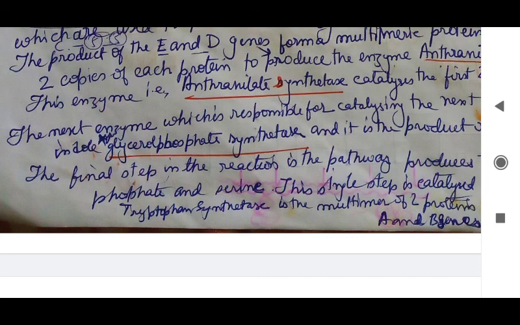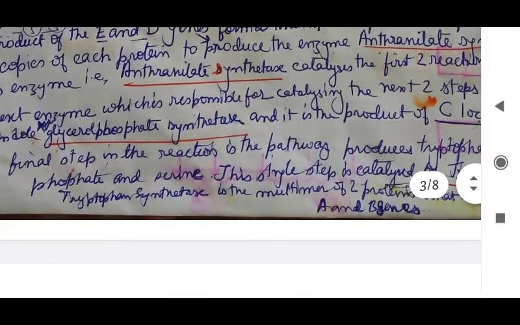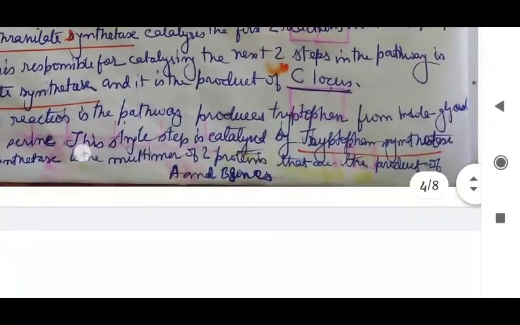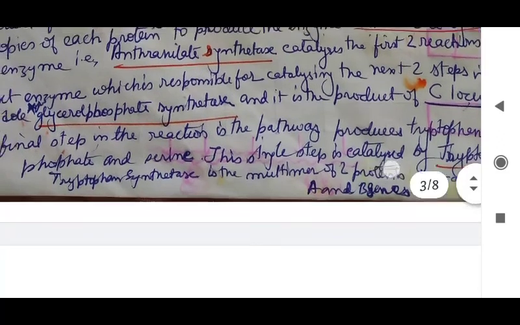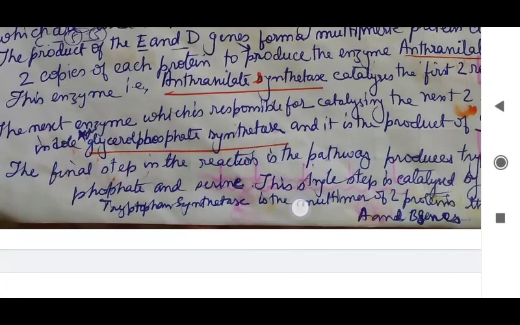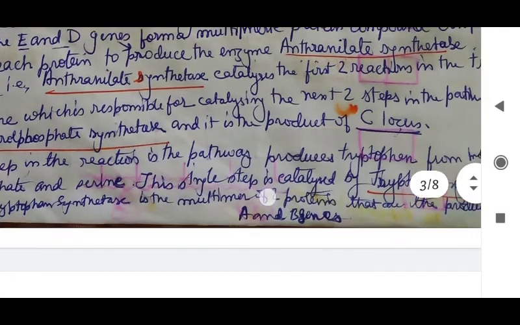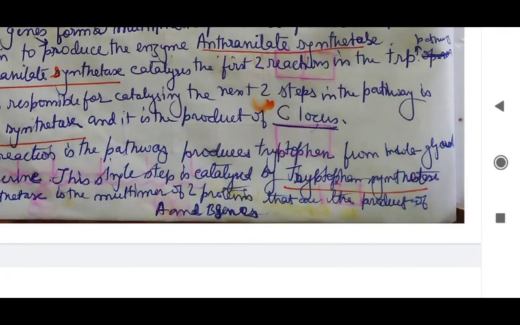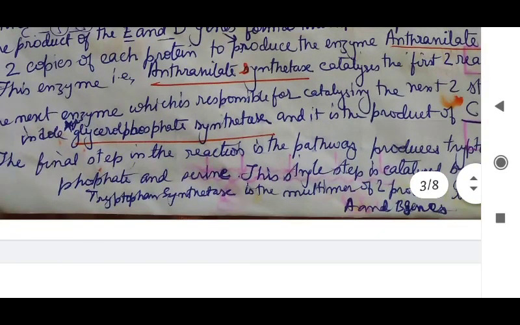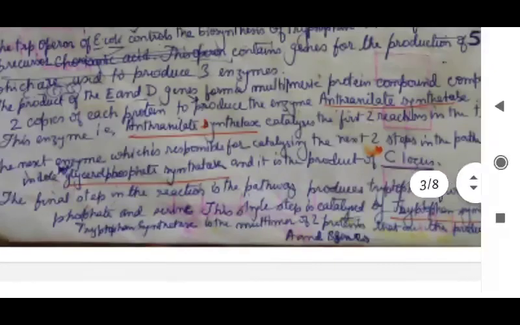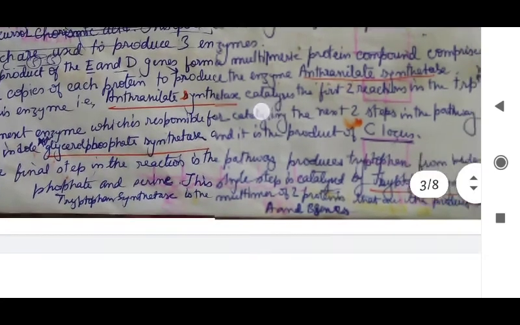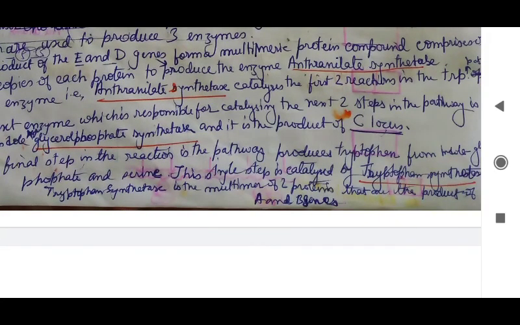The final step in the pathway produces tryptophan from indole glycerol phosphate and serine, and this single step will be catalyzed by tryptophan synthetase.